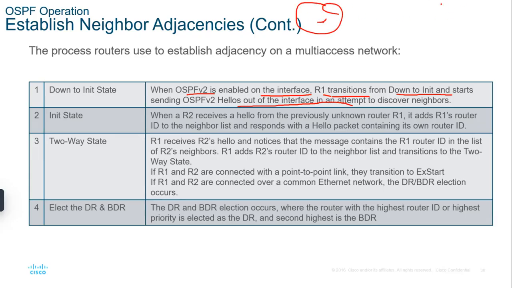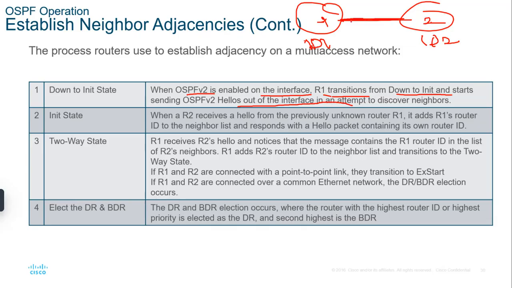If we have these two routers, we expect ID1, then ID2. So once the two send each other the hello packet at the init state, it means router 1 has received router 2, and router 2 has received router 1. At the init stage, once router 1 receives it, it will automatically compare the router ID.